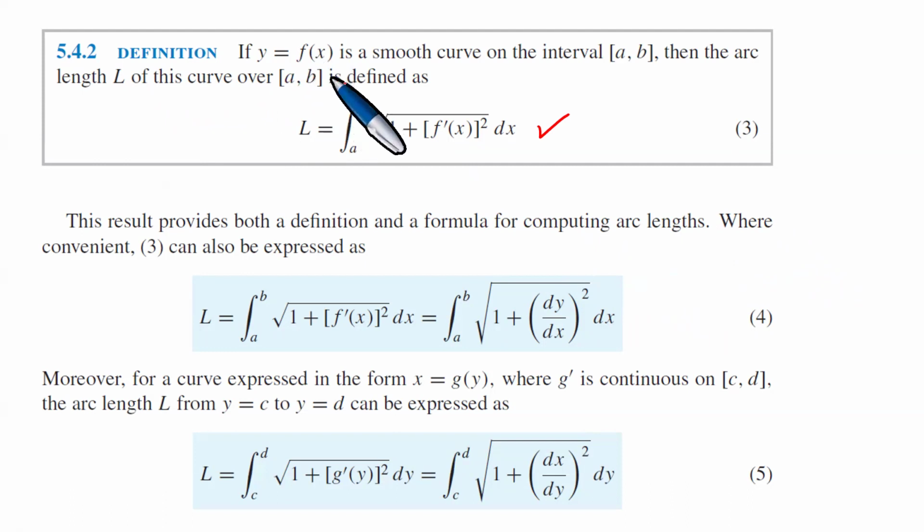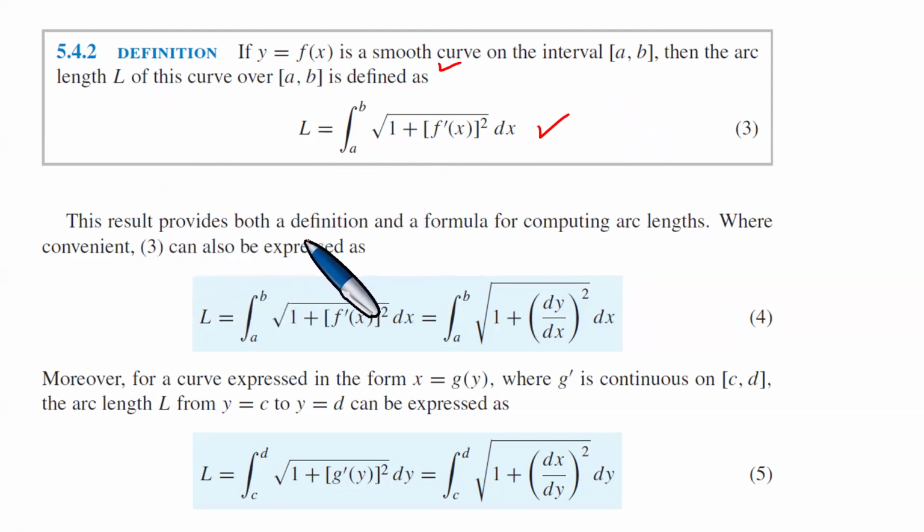If y equals f of x is a smooth curve on the closed interval AB, then the arc length L of this curve over AB is defined as L equals the integral from A to B of the square root of 1 plus f prime of x squared dx.